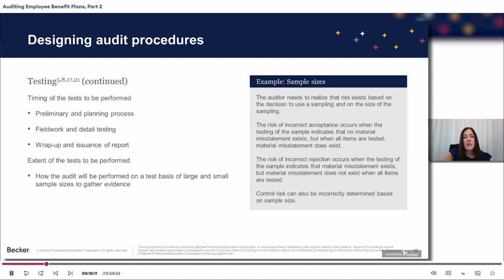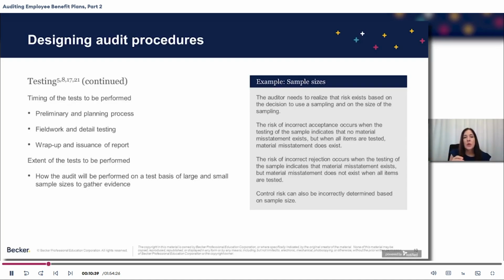How the audit will be performed on a test basis is going to fluctuate between large and small sample sizes. And again, that's going to be based on auditor judgment as a direct response to those identified risks. So the example that we have here, the auditor needs to realize that risk exists based on the decision to use a sampling and on the size of the sampling.